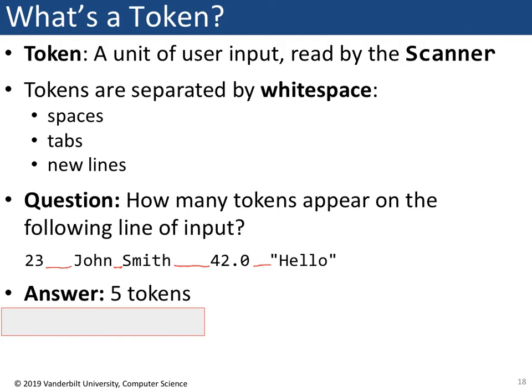So then we have a total of 1, 2, 3, 4, 5 tokens. Now, the beginning white space is not part of the token. The white space is stripped off. So the token would be 23, the next token would be John, the next token would be Smith, the next 42.0, and then the last, double quote hello.